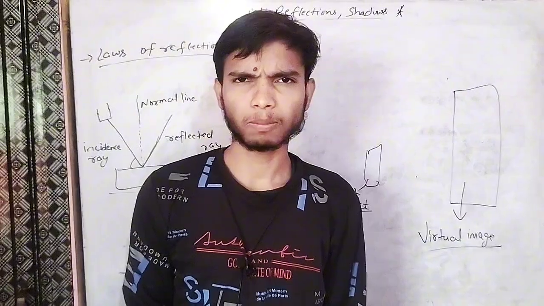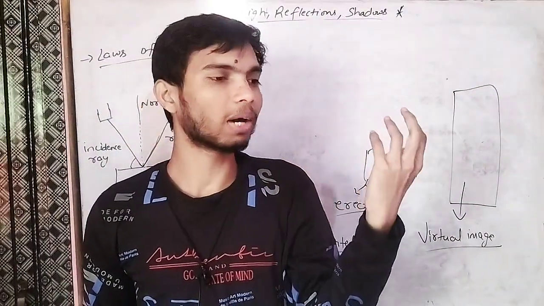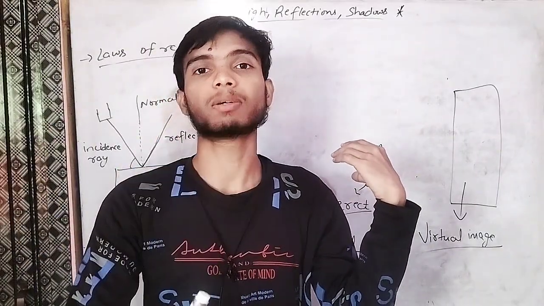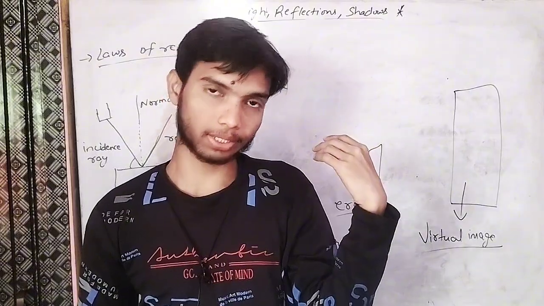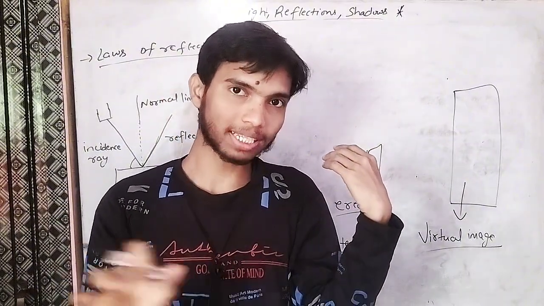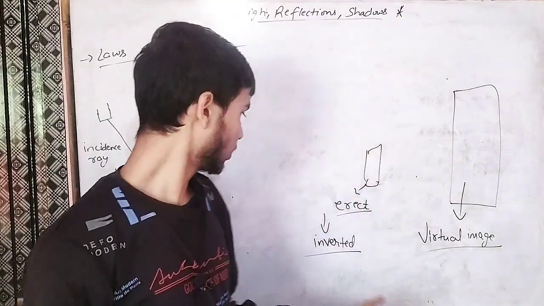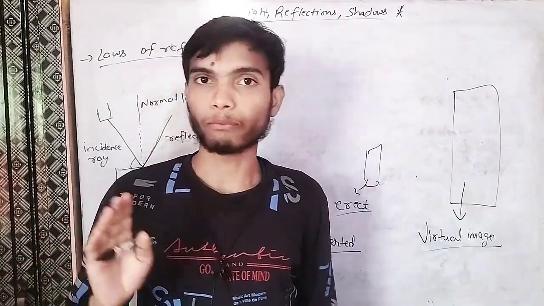We are in front of a plane mirror. If we raise our right hand, then our image, our virtual image, will raise the left hand instead of the right hand. That's why it is said to be inverted. Our image inside the mirror will be inverted.